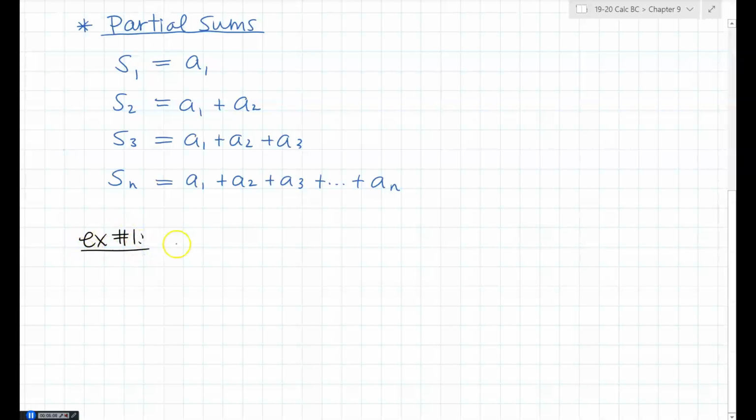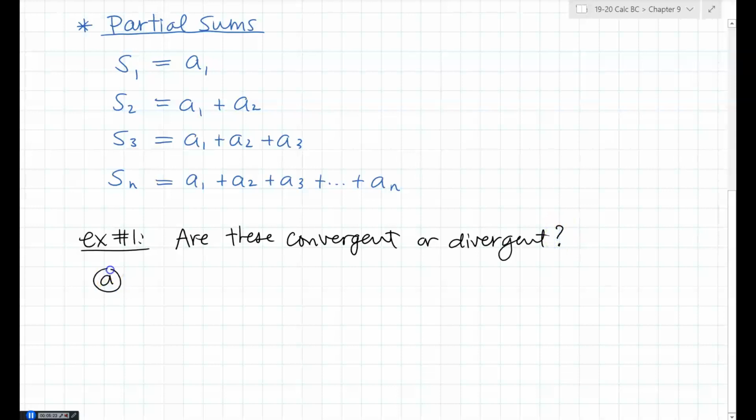Are these convergent or divergent? So here's the first one. The sum as n goes from 1 to infinity of 1 over 2 to the n.